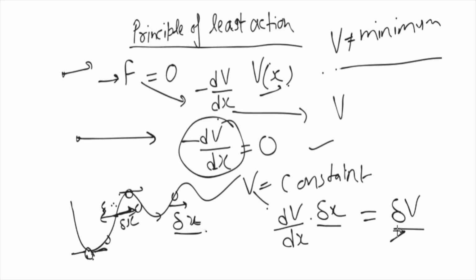Delta V is the change in potential energy when we slightly move towards the right or towards the left. So the change in V, delta V, when we change x by a little amount, delta x, now what's the rule?